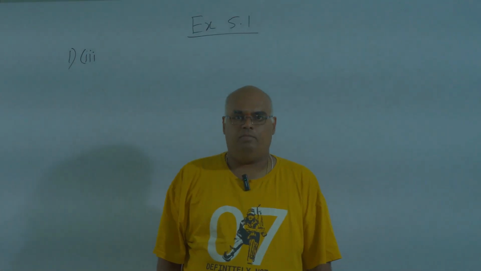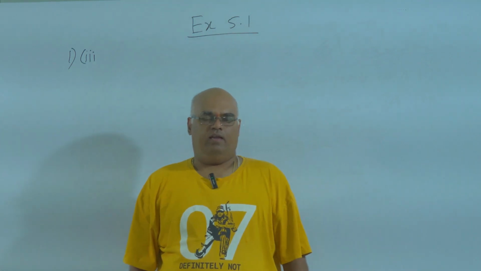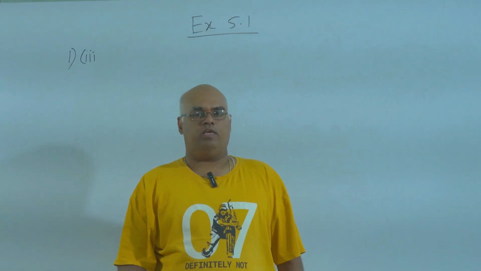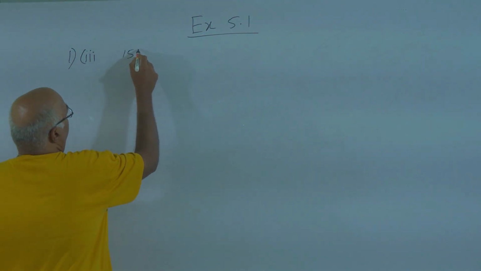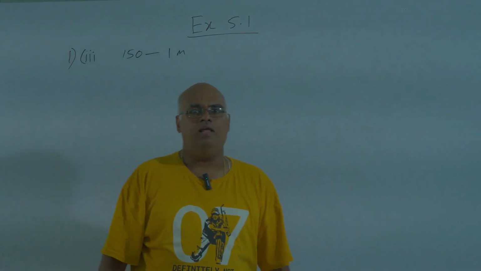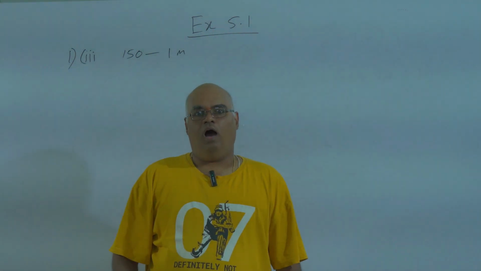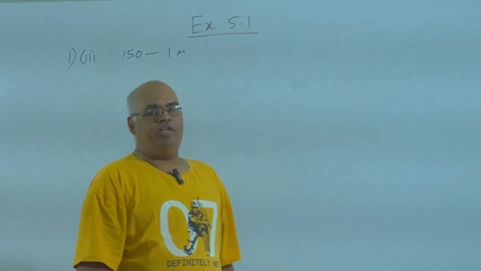Now let us take the third bit. There is a well. Soil has been dug from the well. For digging the first 1 meter of the well, they charge 150 rupees. After digging 1 meter, for every another 1 meter, they charge 50 rupees more.